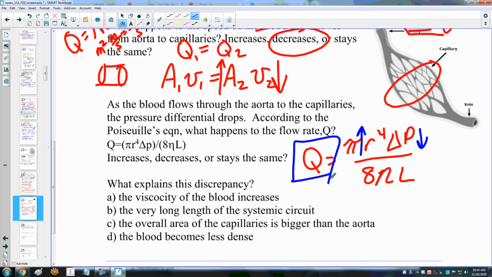And so this will remain constant. The flow rate always remains the same. The overall area of the capillaries is bigger, so even though the individual capillaries are getting smaller, the combined area of those capillaries will remain the same.